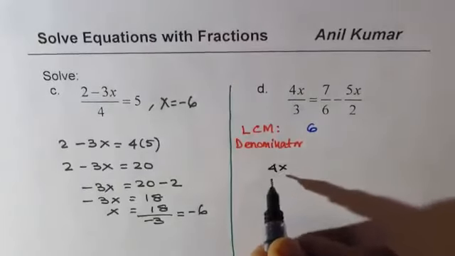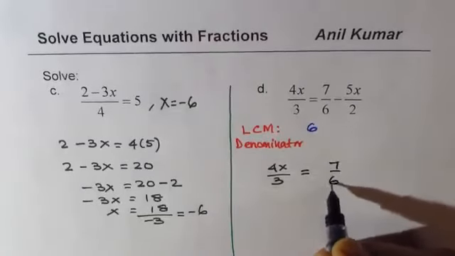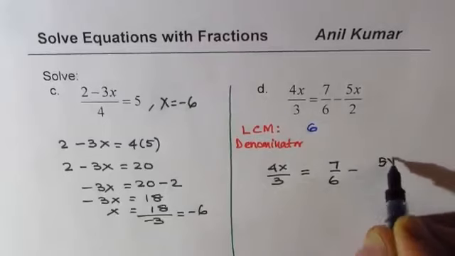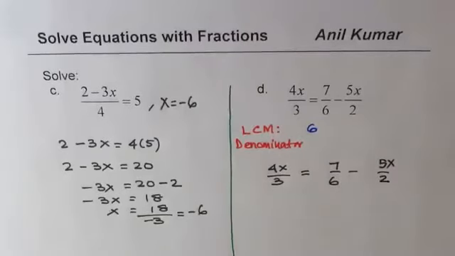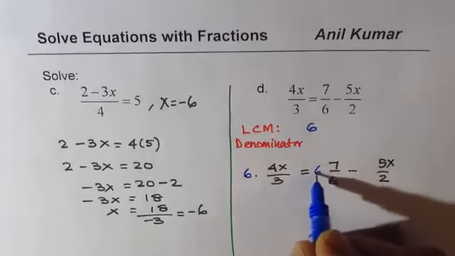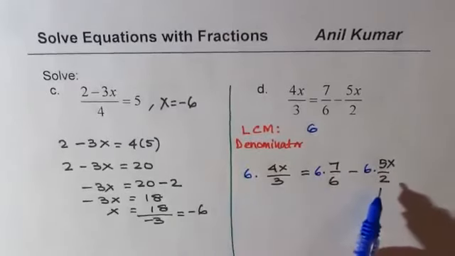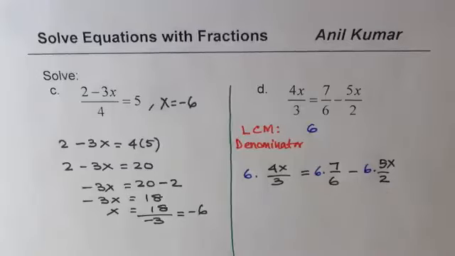So we get 4x over 3 equals, the equation is 7 over 6 minus 5x over 2. We are going to multiply each term by 6 on both sides. Do you see this? Now since you do the same operation on both sides, you don't change the equation, but you could simplify it. So when you do so, you could get rid of fractions. That's the whole idea, right?